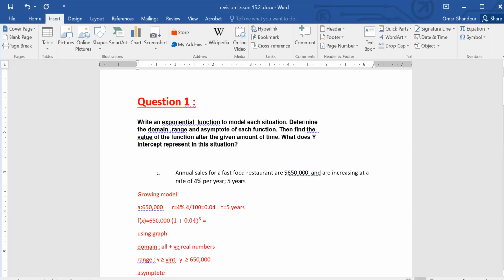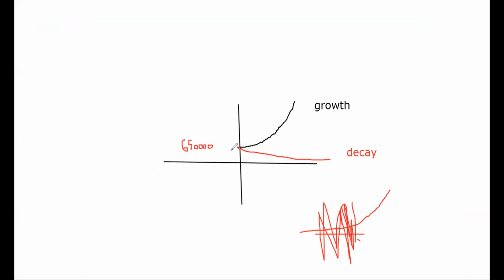Okay, what is the asymptote here? To know the asymptote, we have to go to the graph that we graphed again on the whiteboard. I am talking about the black function. What is the line which comes near to the function but never crosses it? Y-axis?